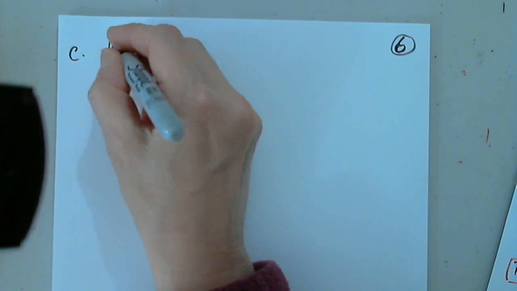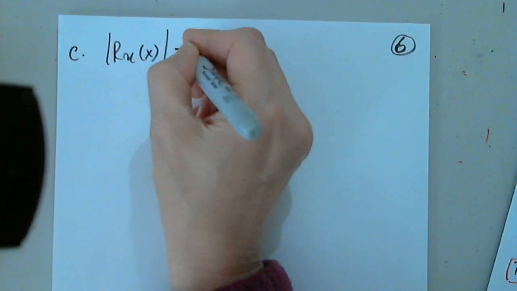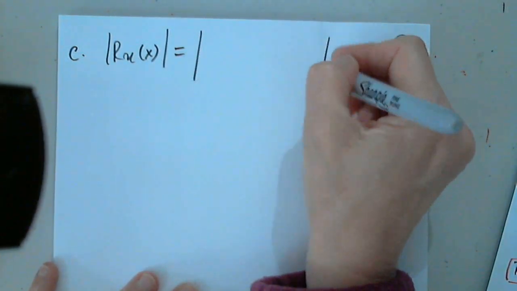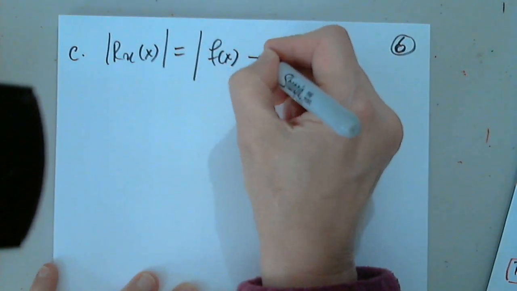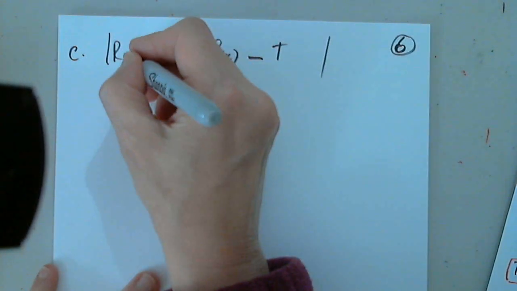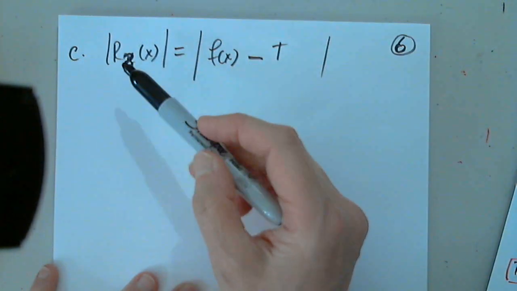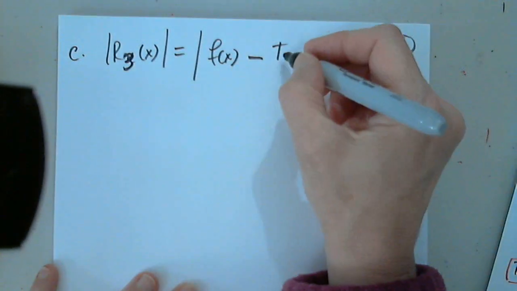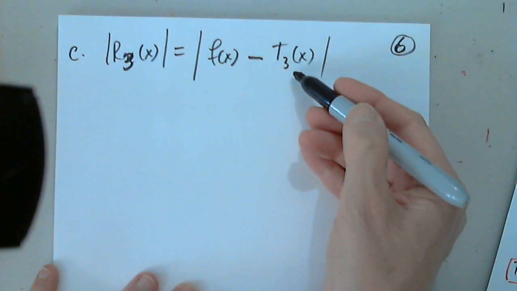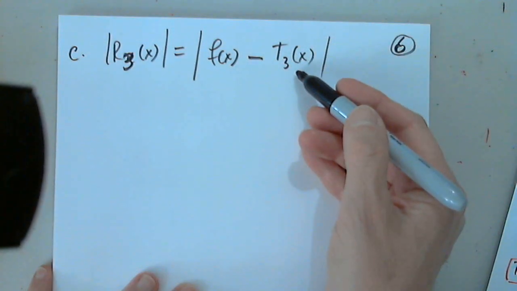So remember what the absolute value of Rn is. It is the absolute value of the function subtracting this. I'm going to put 3 because that's what we're doing. So the absolute value of the error corresponding to the 3rd degree Taylor polynomial.